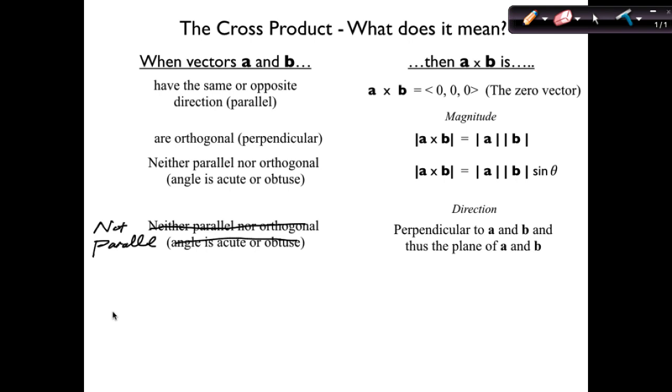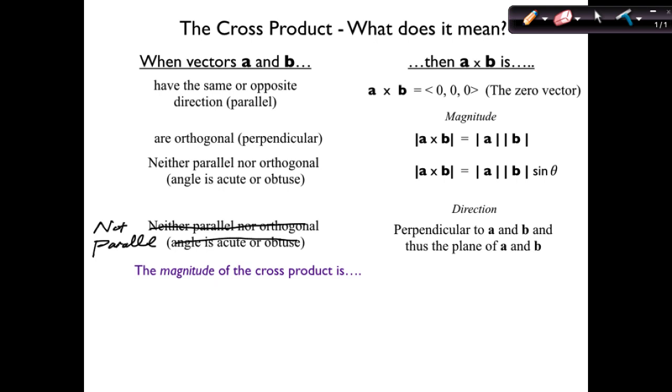So let's just summarize here. How can we summarize what the magnitude of the cross product is? The product of the magnitudes, but only as much as they're orthogonal.